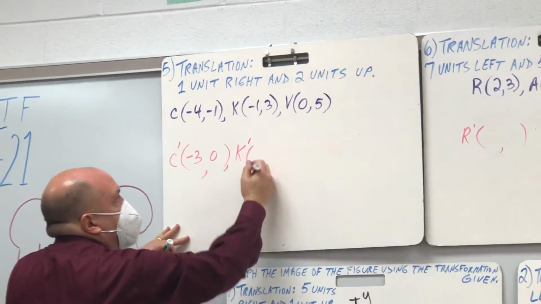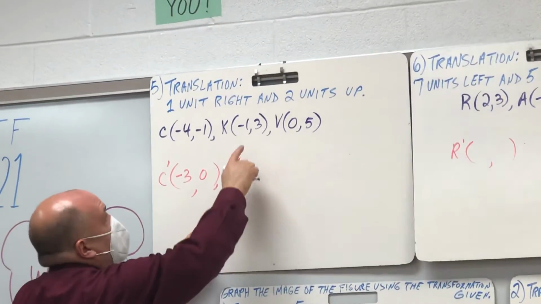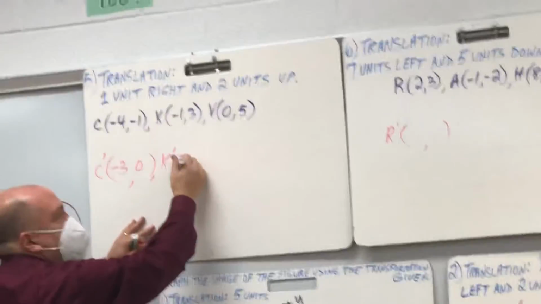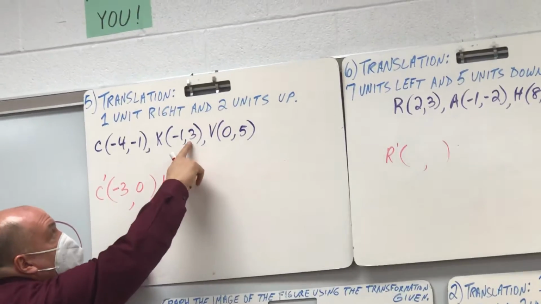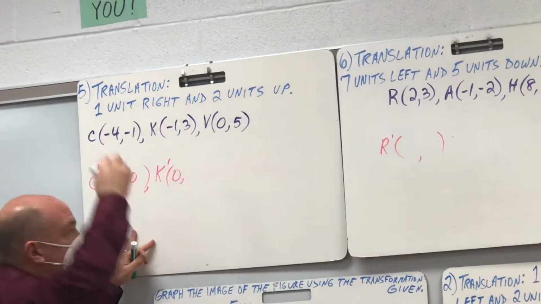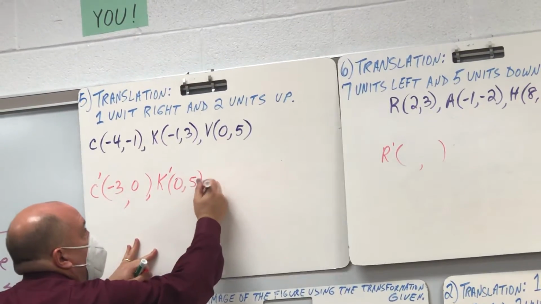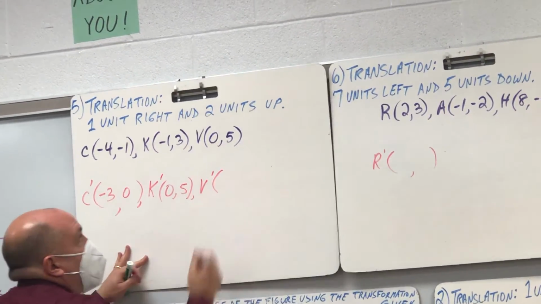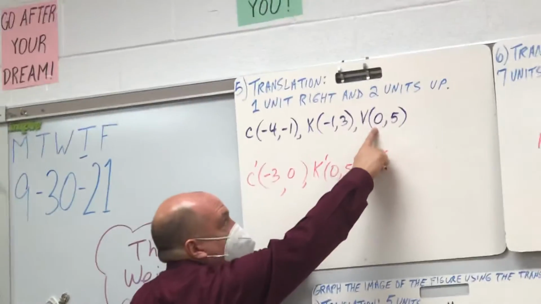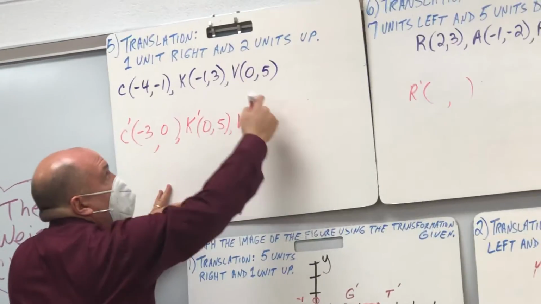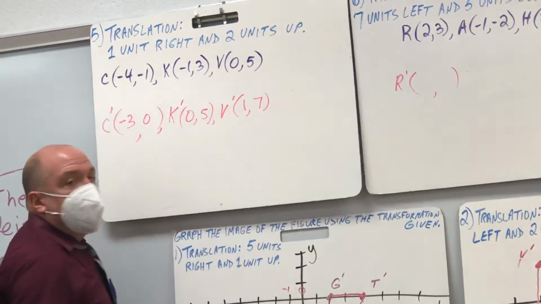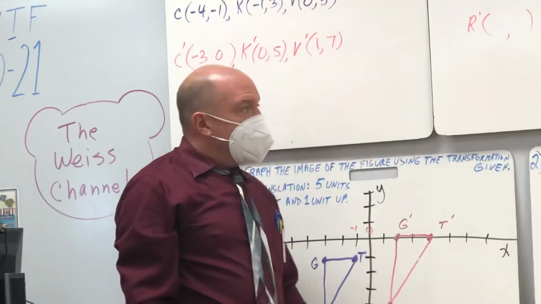K prime, 1 unit right will go from -1 to 0. 2 units up from 3, 3 plus 2 is going to be 5. V prime, 1 unit right is going to go from 0 to 1. 2 units up is going to go from 5 to 7, right? Okay? Sorry about that.